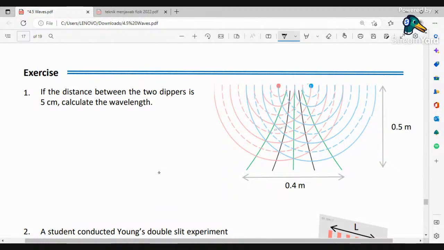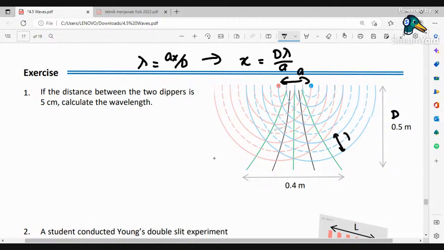Formula, remember the formula. If you cannot memorize, you can get it from the list of formula. Lambda equals ax divided by d, or you can rearrange: x equals d lambda over a, same thing. Let's look at here. Separation between two dippers is a, this is d.